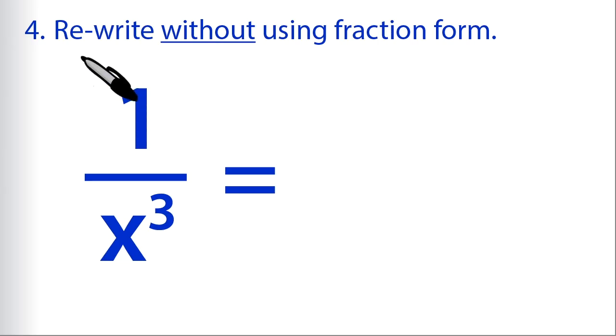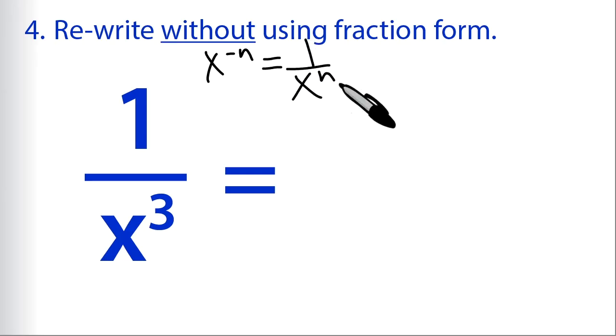For problem 4, we're told to rewrite without using the fraction form. So we want to rewrite this where it's the same value, but it's not in fraction form. This is very similar to the last problem, so we're going to use the same law. Remember, x to the negative n equals 1 over x to the positive n. And these can go either way.